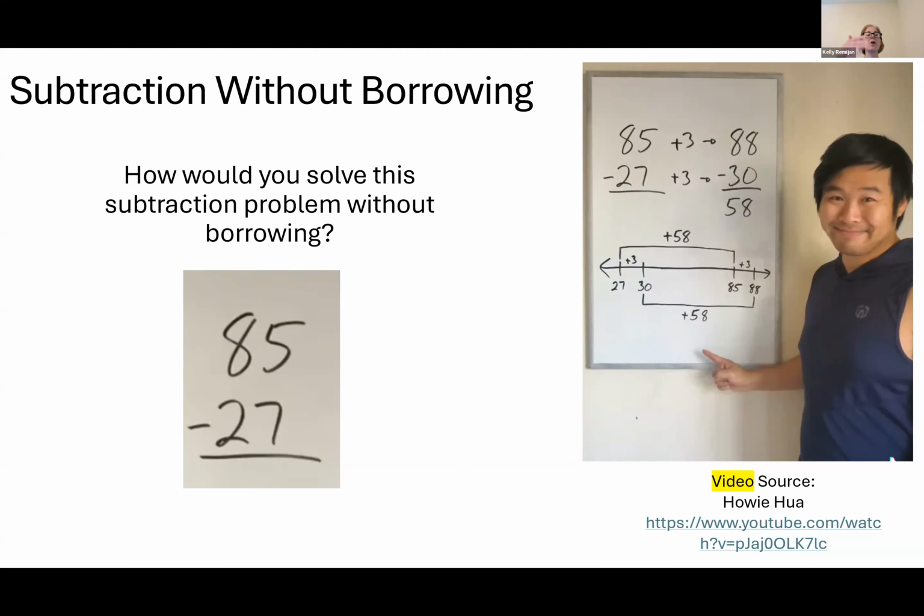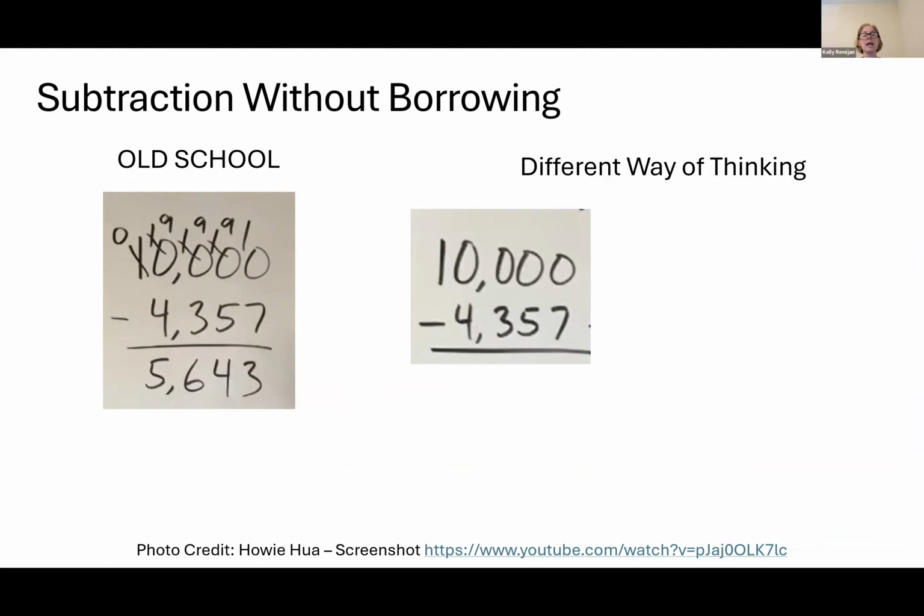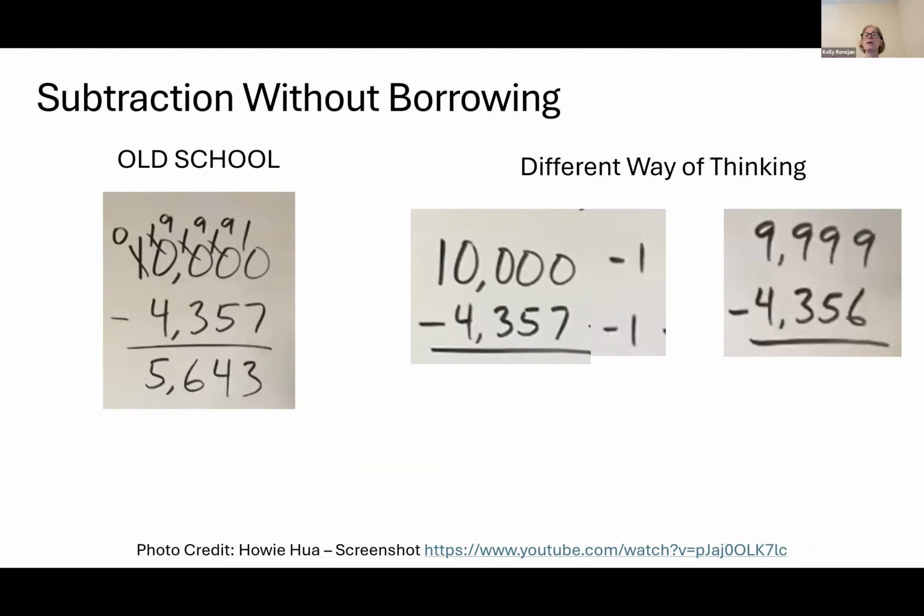Now, if we go back to old school, we have this old school problem of borrowing, a different way of thinking about a problem like this. Instead of adding a number, like we did with the crayon and with the previous problem, we could think of subtracting from each of these numbers. And then we can simply subtract, which then we don't have to do any borrowing. And so again, this is taking that crayon.